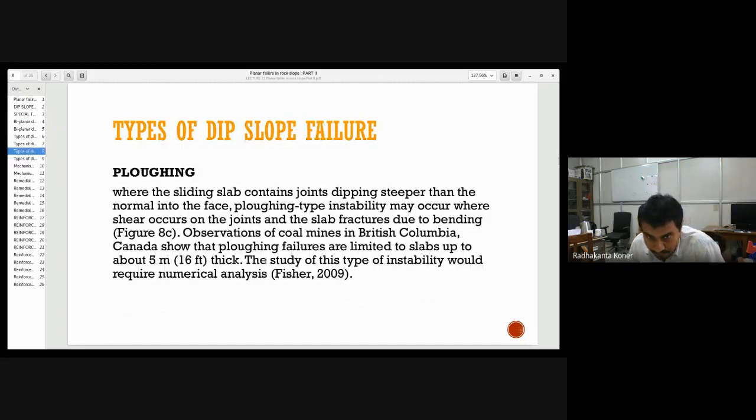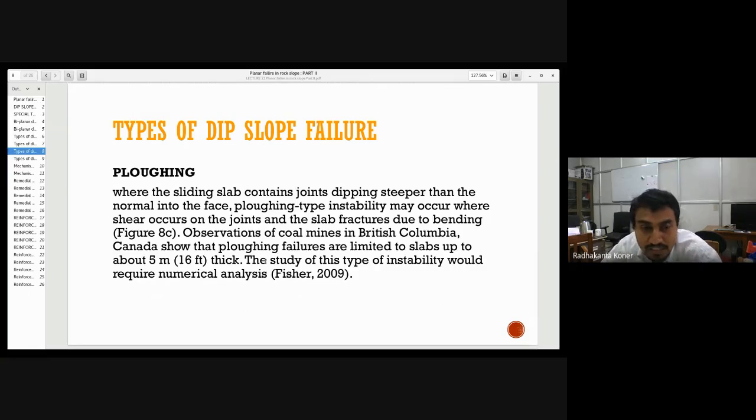The last one of the first figure is a study done in British Columbia in 2019. They showed in a British Columbia coal mine that this kind of failure is a reality. This is very complex, and very difficult to accommodate in the limit equilibrium method. It can only be studied using numerical methods.